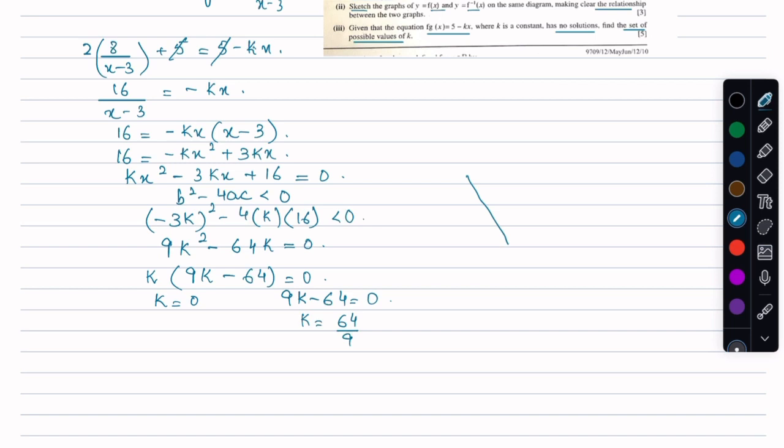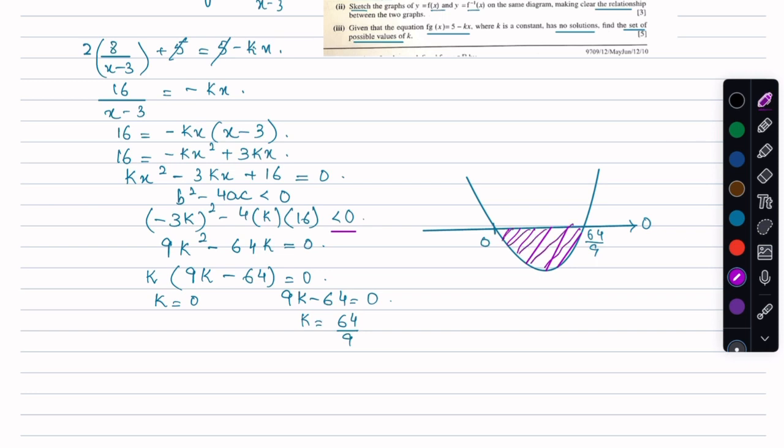It's a quadratic curve, and with respect to the x-axis, if I get the two values, which are 0 and 64 by 9, then for the condition which says it should be less than 0, meaning all the values which need to be below the x-axis, this is the region we shall be getting.